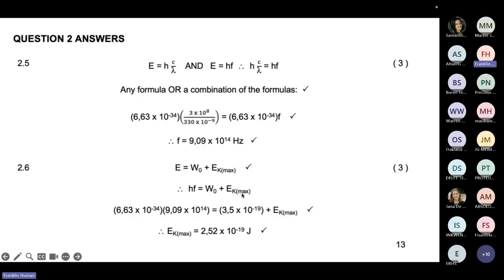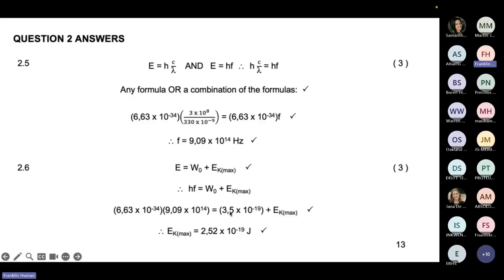So now if we put our values into our equation, Planck's constant is 6,63 times 10 to the power negative 34, multiplied by the frequency that we've calculated up here, which is 9,09 times 10 to the power 14 hertz.